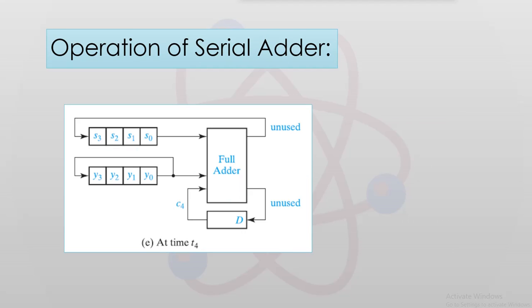So as you can see here, we have in the accumulator S3, S2, S1 and S0, which is the sum of all the contents of addition that have been produced on adding X and Y, and the contents of the addend register have been reset to its original state.